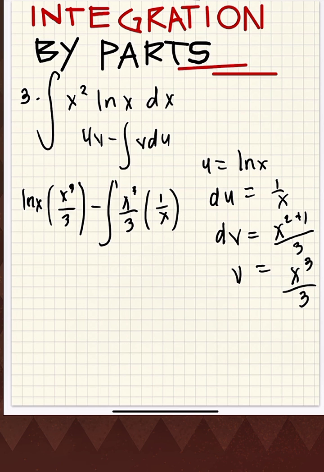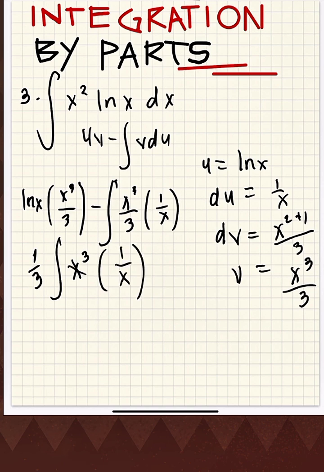So as we can see right here, this is not a full integral, right? Or this is very hard. So we have to factor out the 1/3. So 1/3 integral of x cubed multiplied by 1 over x.